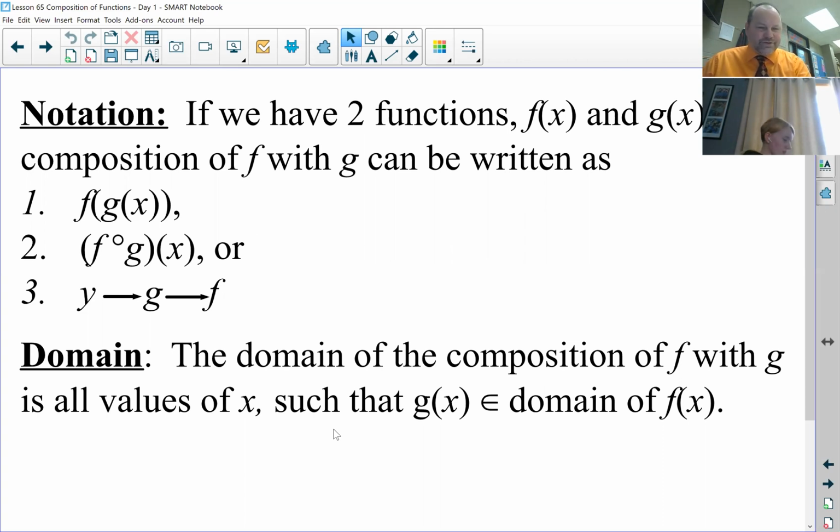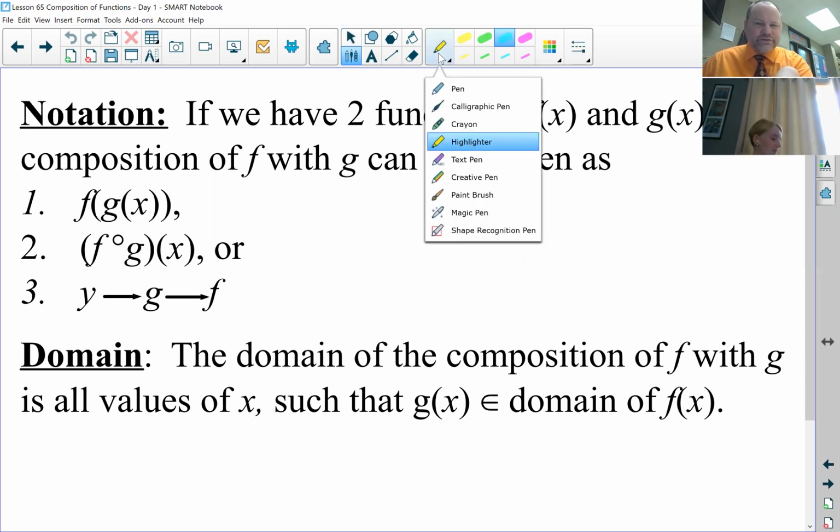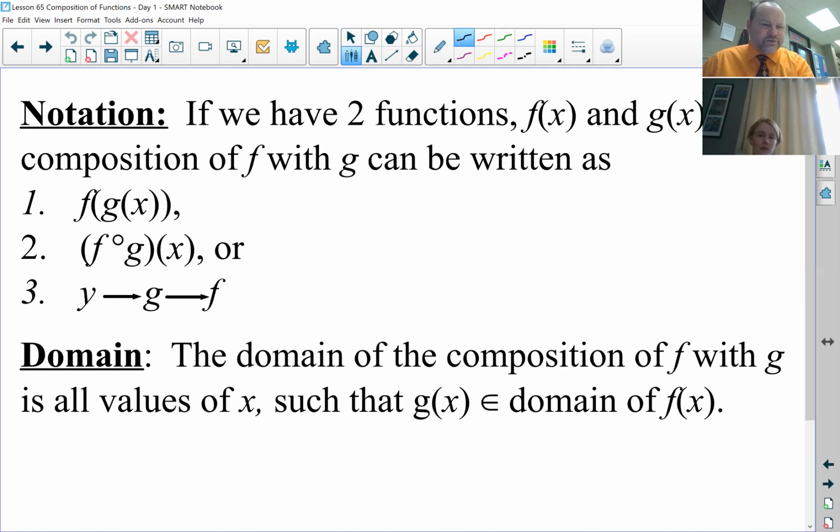And then this third way with arrows. So y, arrow g, arrow f. And the only thing that I can figure is your y value comes from plugging into g and then plugging into f. I'm not sure exactly the history of that notation. So I generally don't use this one, but I have used the other two and use them frequently.